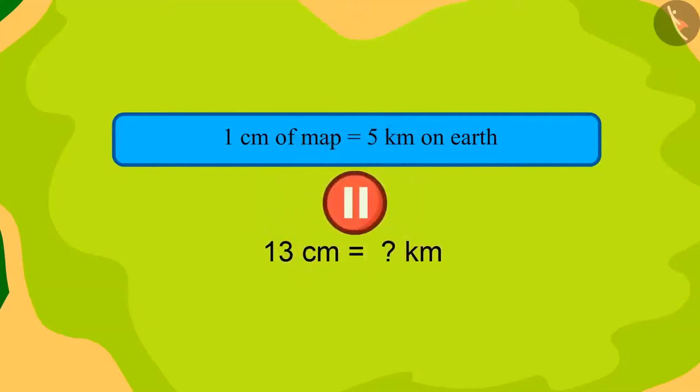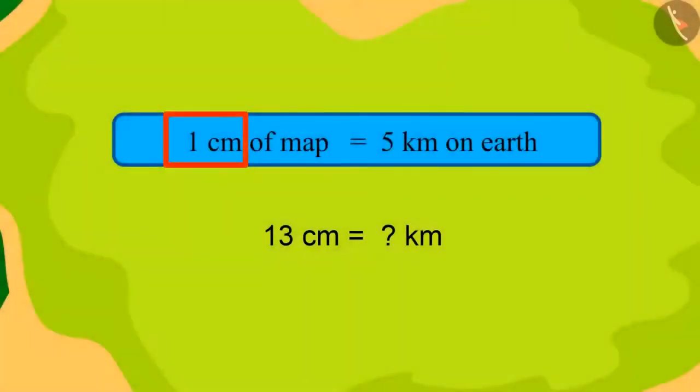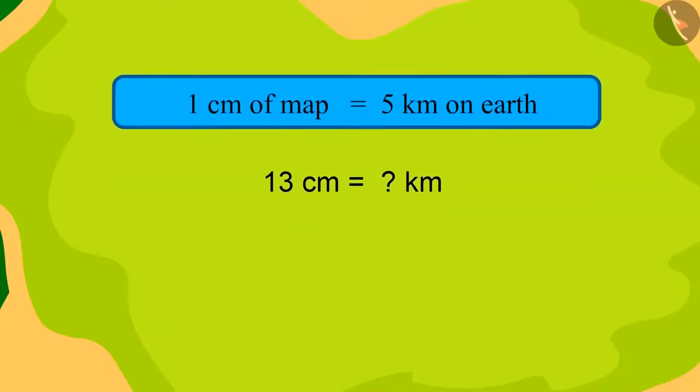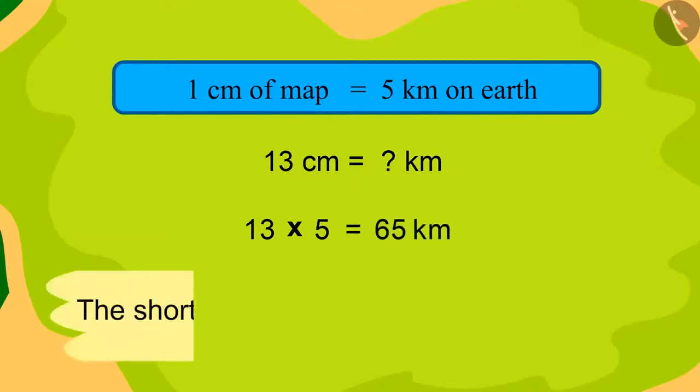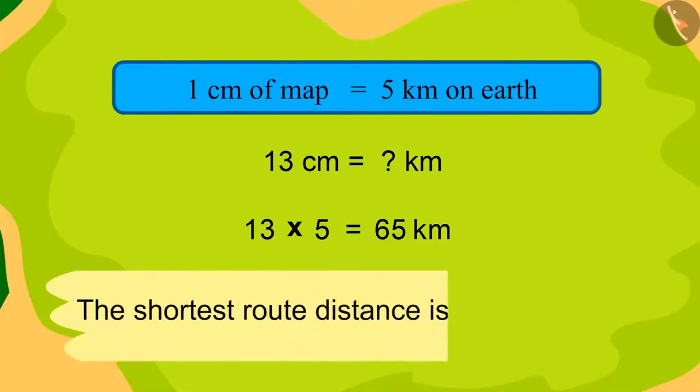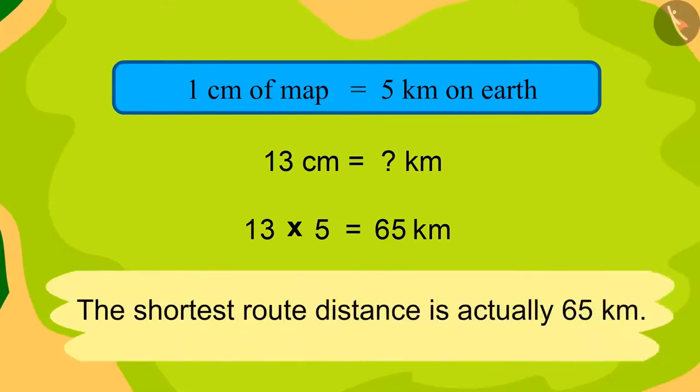You can think by pausing the video if you want. 1 centimeter of map is equal to 5 kilometer on the earth. Therefore, how many kilometer will 13 centimeter be? 13 times 5, that is 65 kilometer. The length of the shortest route actually is 65 kilometer.